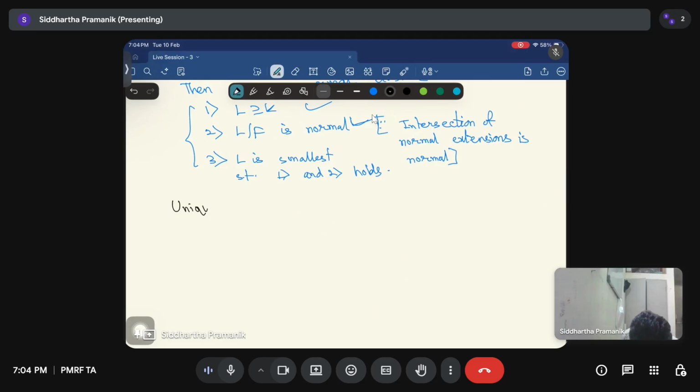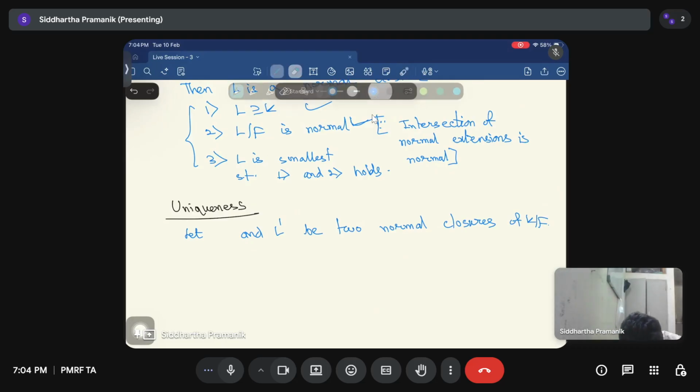Now uniqueness. Let L and L prime be two normal closures of K over F. Then we need to prove that L is isomorphic to L prime. So it is unique up to field isomorphism.